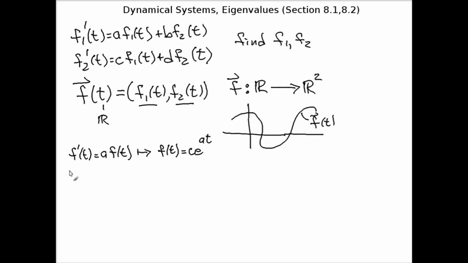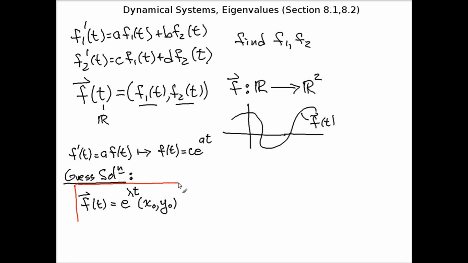So I'm going to now follow the time-honored tradition of guessing a solution to the pair of equations. And the idea is the following. I'm going to guess that f of t is equal to some exponential e to the lambda t times some fixed vector x naught, y naught.